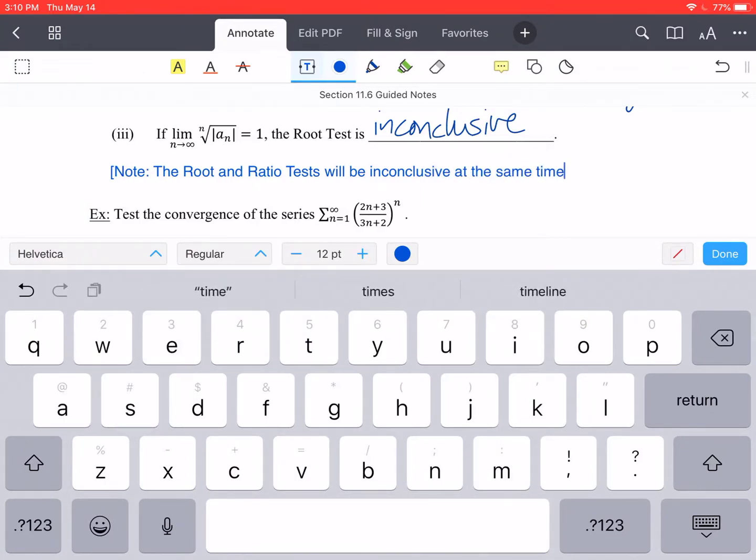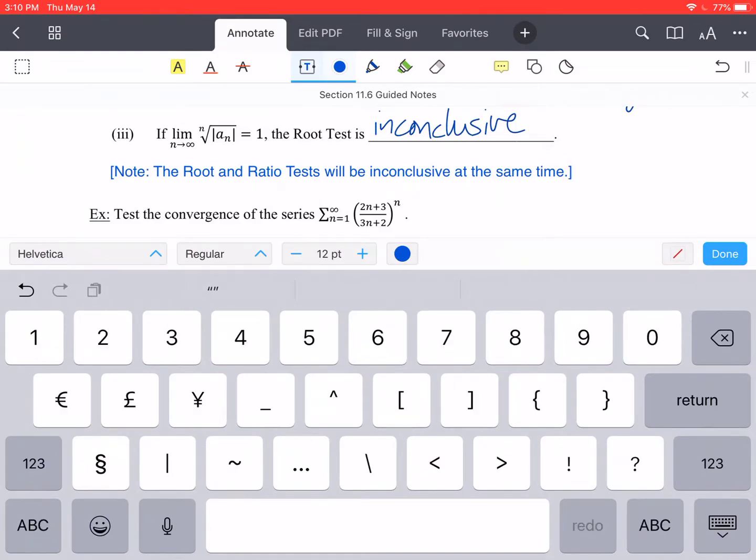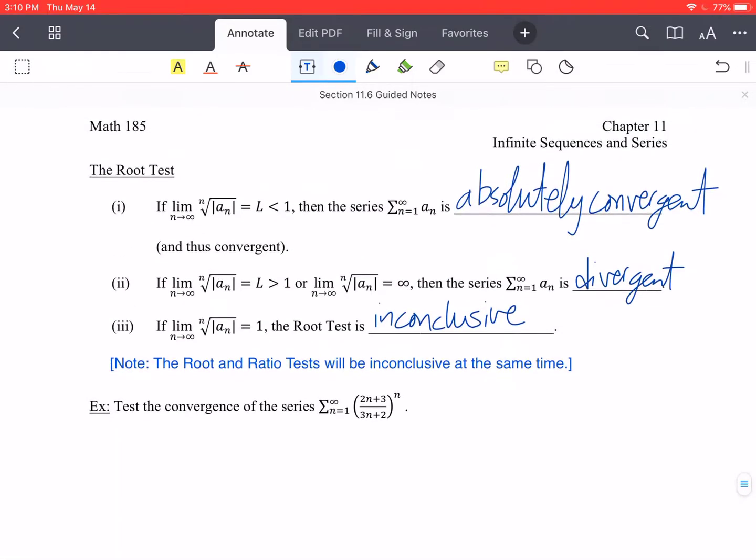That's something we could prove, but of course we're not going to take the time to do that. Just know that if you try one of these tests and it gives you an inconclusive result, don't bother trying the other one, because it's guaranteed it will also be inconclusive. So we don't need to waste our time running more tests that aren't even going to work for us.